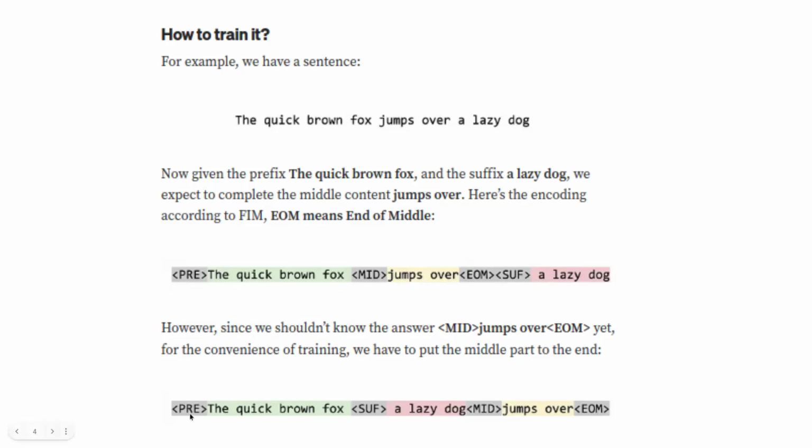They keep the prefix at the beginning, put the suffix afterwards, and then at the end of the sequence they put the middle section. Every one of these gray things is a special token. You might have to add them to your tokenizer, since every tokenizer defines them differently. If you're doing it yourself, you have to come up with one and train it so that it knows that at the end of the mid token, you're supposed to put in the words that would go right here.